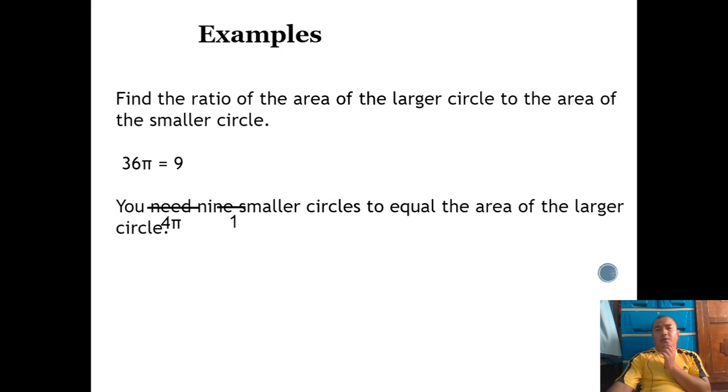Find the ratio of the area of the larger circle to the smaller circle: 36 pi divided by 4 pi is 9. So you need 9 smaller circles to equal the area of the larger circle.